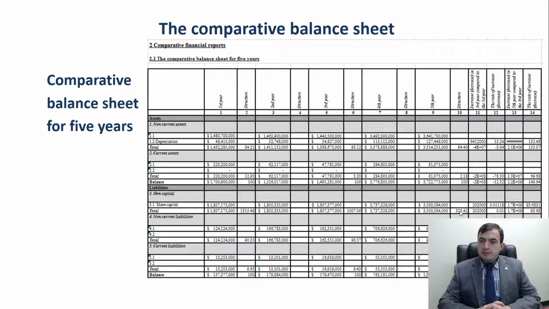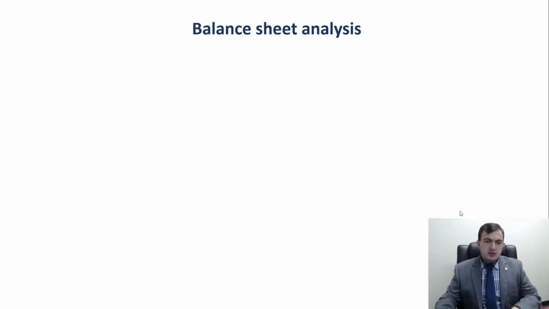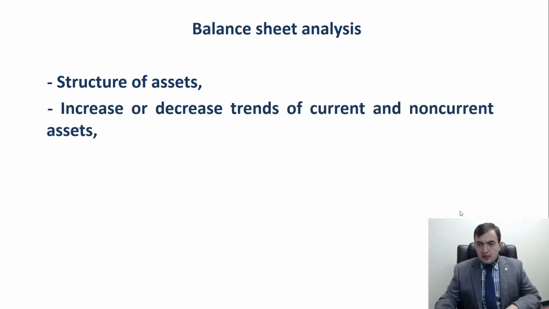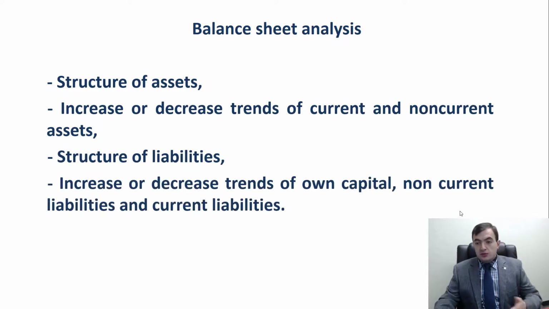When we have this Excel table, the next step that we can go and analyze is to use some techniques to understand the structure of assets, to visualize that, to understand the increase or decrease trends of the current and non-current assets, also to understand the structure of liabilities, to observe increase or decrease trends of equity, non-current liabilities, and current liabilities.